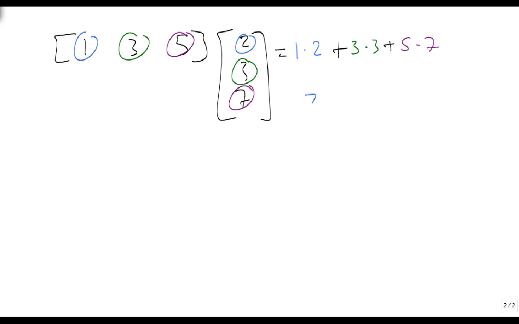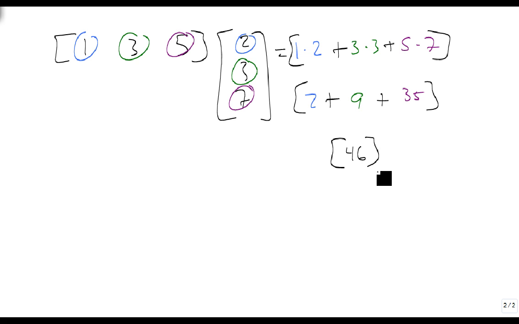Well, that's 2 plus 9 plus 35, so my 1 by 1 matrix, this is all inside of a 1 by 1 matrix, is equal to 2 plus 9 is 11, plus 35 is 46. So that's how we do this problem.